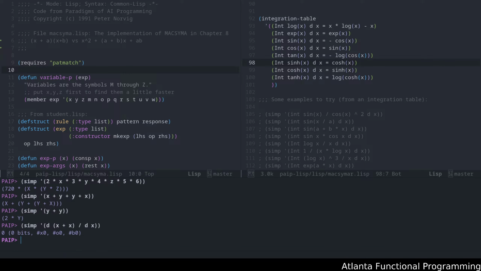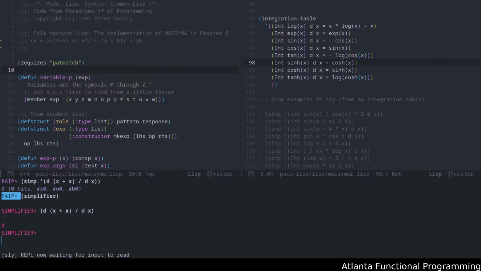So in this case, ooh, wait a second, that looks wrong. Did I mess this up? Hold on one second. Let me check the simplifier. That's weird. Hold on a second. That should not have occurred. Let's try this.